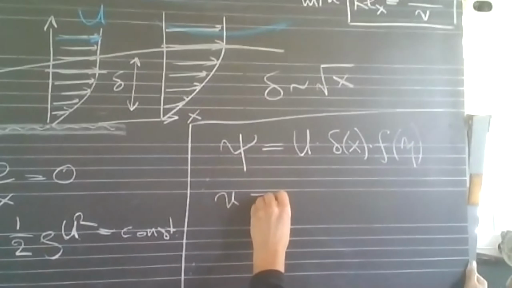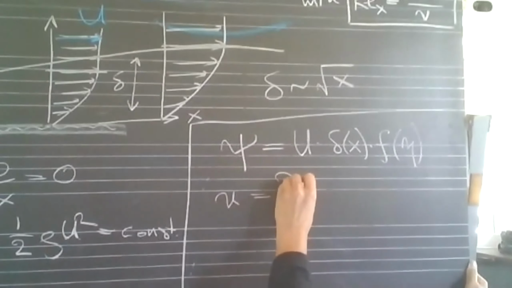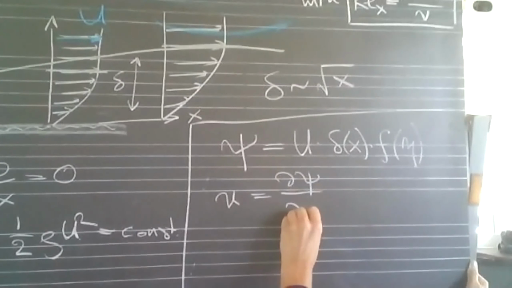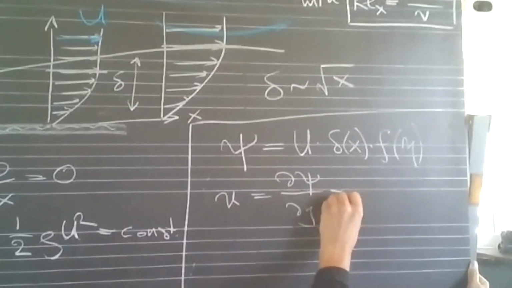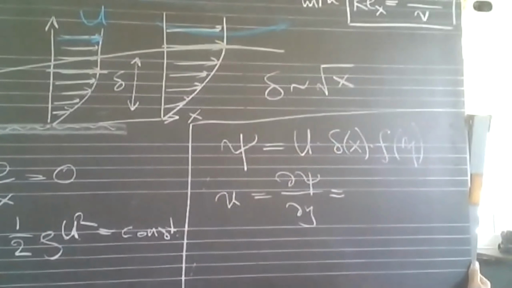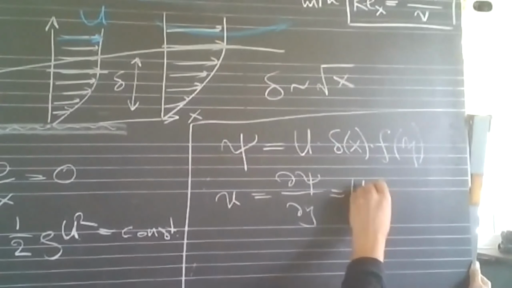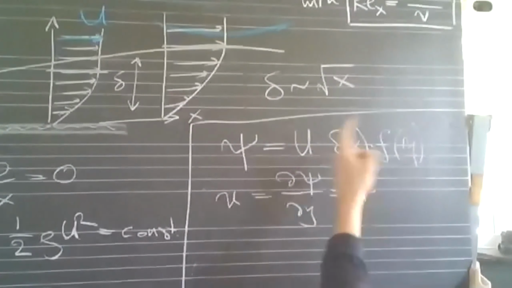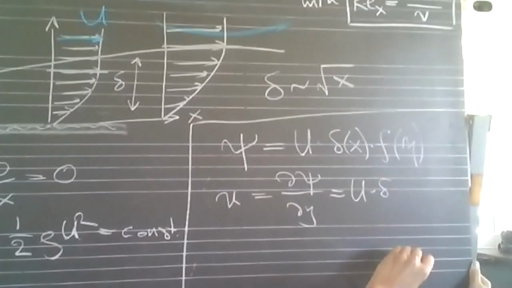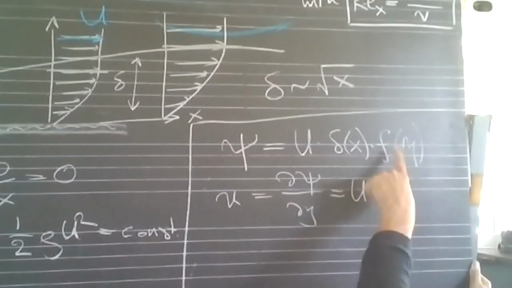The velocity u is defined as d psi dy. So if we take the y derivative of this expression, what do we get? We get u times delta, this is just a factor, it's not changing in y, times f.